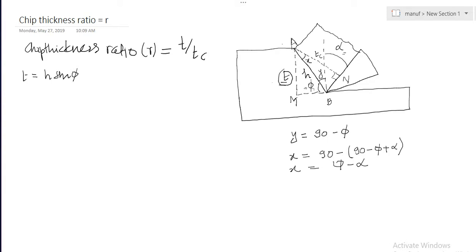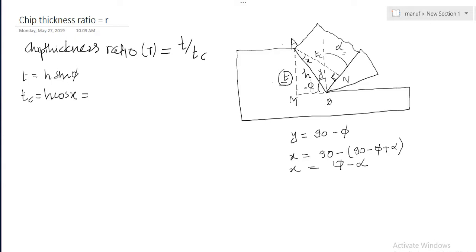In a similar way, for this right angle triangle, I can write tc in terms of h. That is h cos x. So tc equal to h cos x.